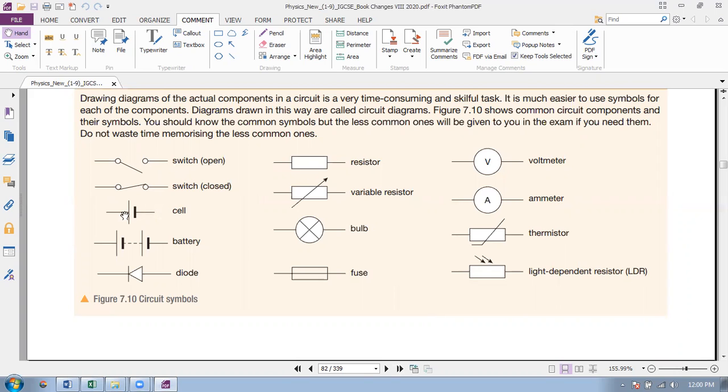Cell, the symbol of a cell is like this. Two bars, one is bigger and one is smaller. There are many cells together. A dot means many cells together. It's a battery.